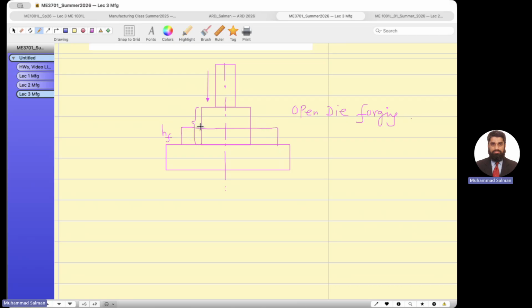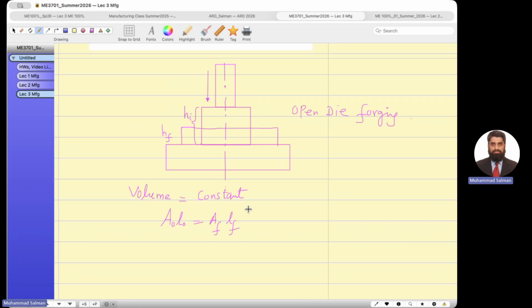Agreed? Initial height is larger. But I want to tell you one thing. One equation is going to solve a lot of problems. Volume is constant. So you will use that consistency in volume: initial length, initial area, final area, later down the stage.